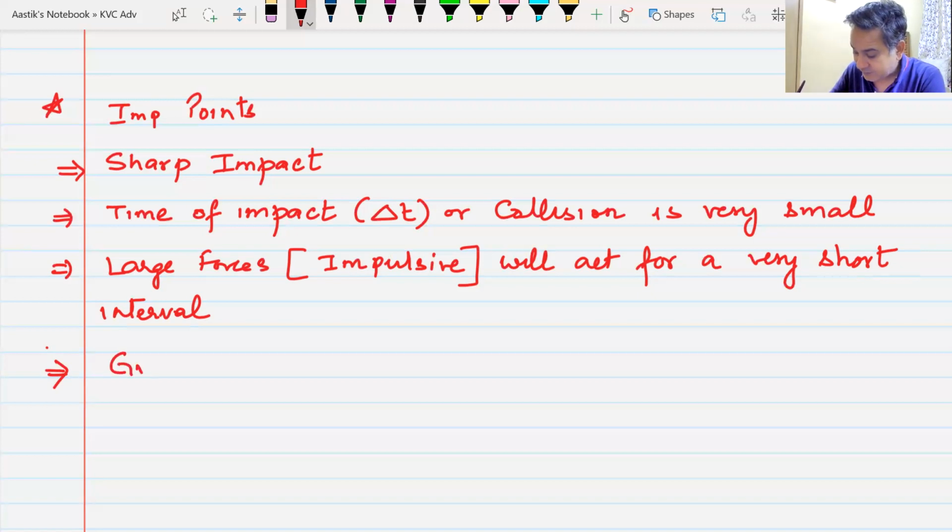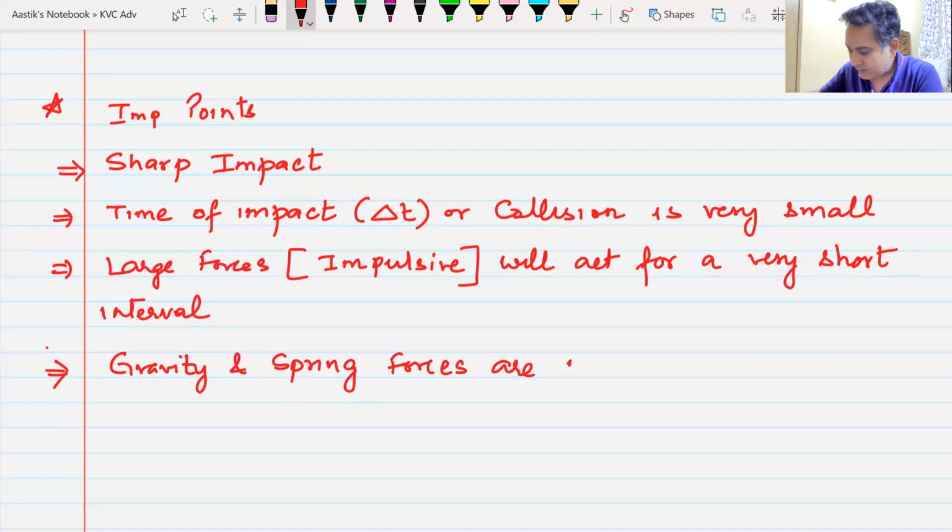Remember, gravity and spring forces would be neglected. Why are gravity and spring forces neglected during impact? Sir, because they will not act for a long time.